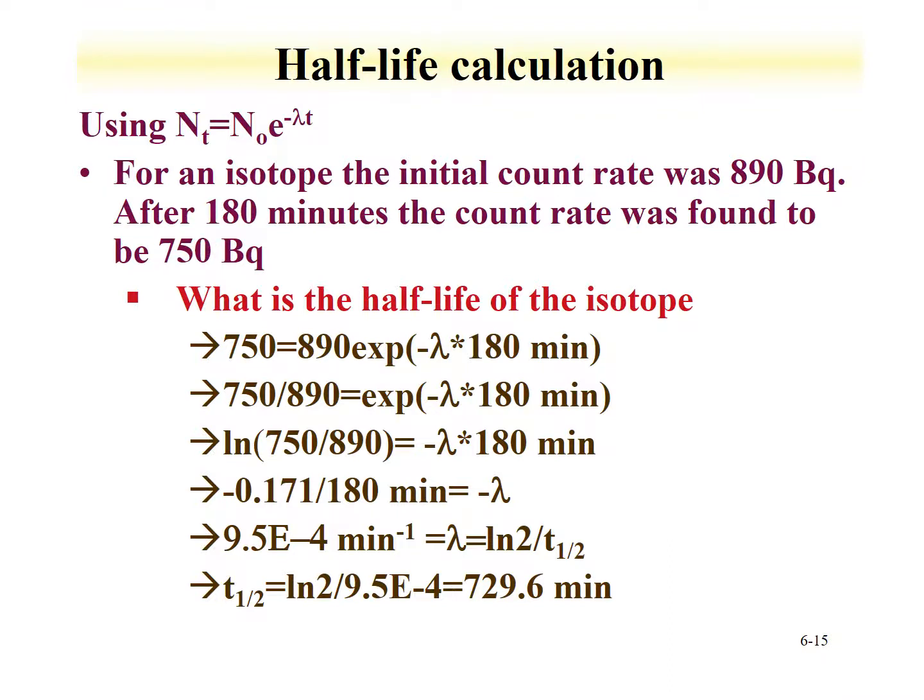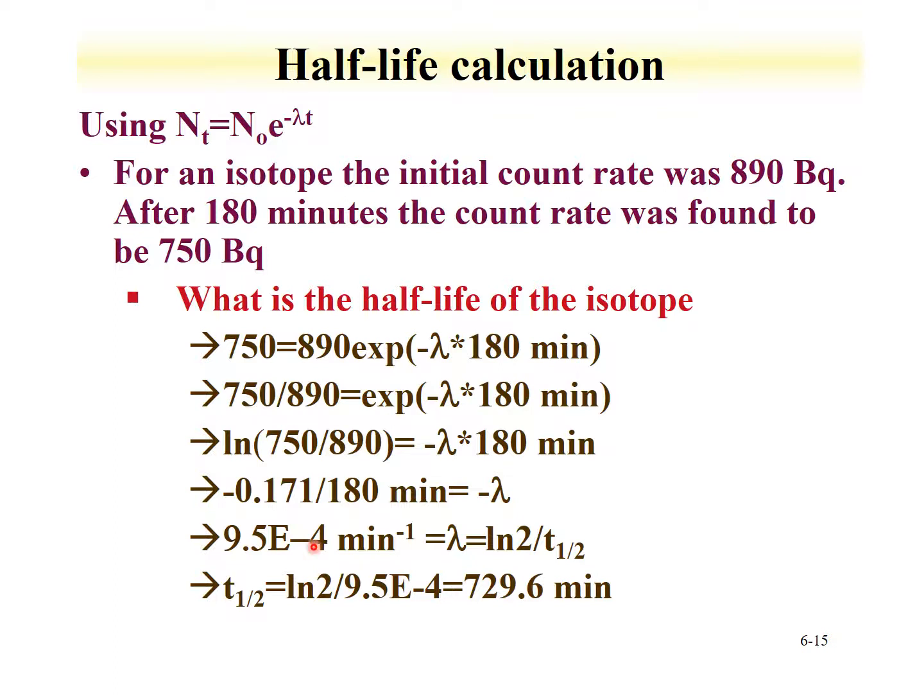So let's put in our terms. This is N t. This is N naught. I counted it for 180 minutes. That's the t here. And I just need to solve for lambda. Here's this equation. We rearrange the equation, take the natural log of both sides, divided by 180 minutes.